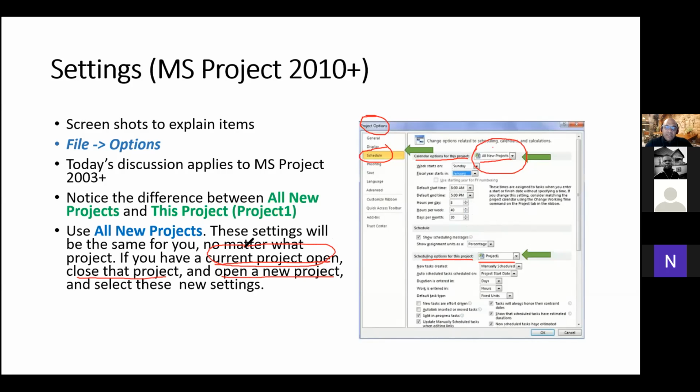We don't want those old settings. So shut that and open up a brand new project so you can start from scratch with all these settings. That's for any project that you do. If you're going to start from scratch, this is how you should do it.